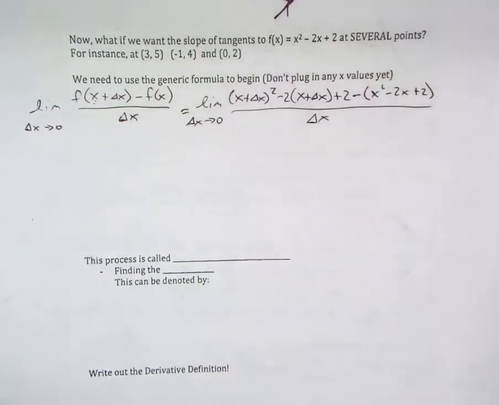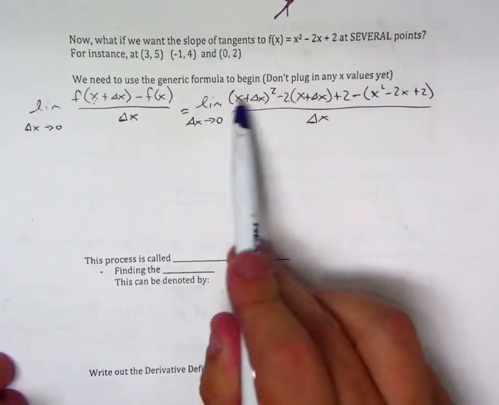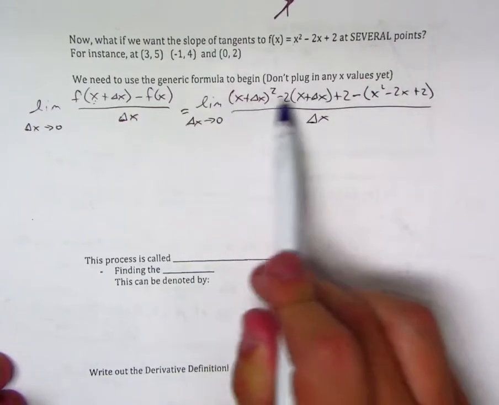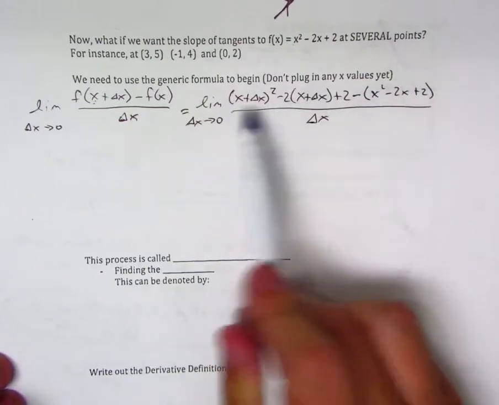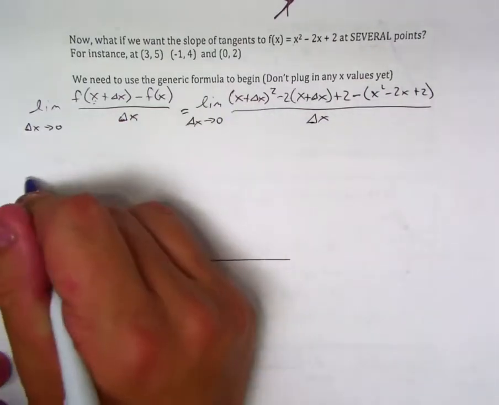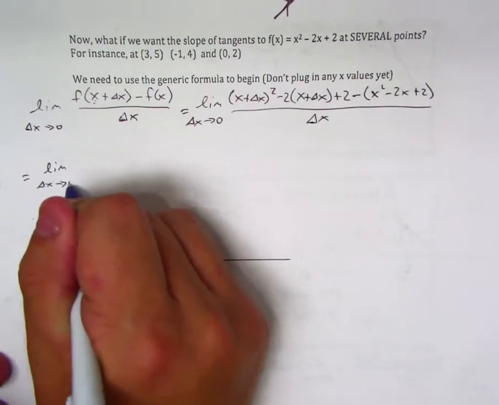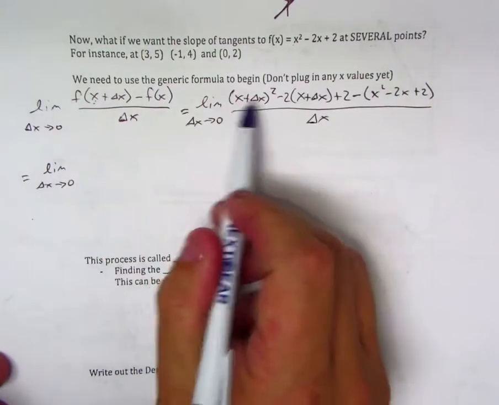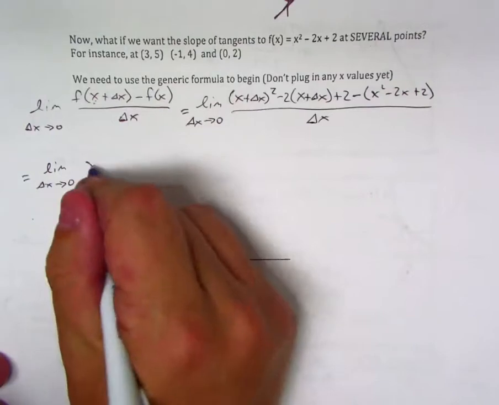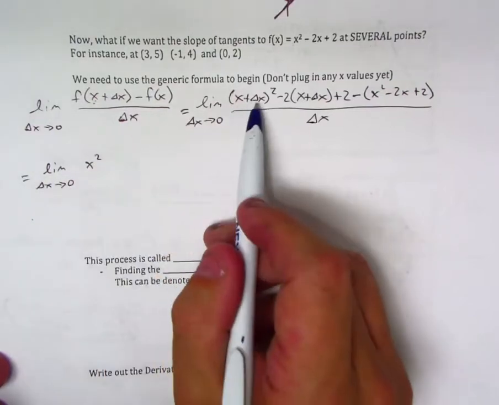Doesn't this look fun? So now what we're going to do is expand and combine all our like terms in the numerator. We got a lot of algebra to do. That's okay, we love algebra. So the limit as delta x approaches 0. Let's square the binomial, so square the first term. Take the product and double it.